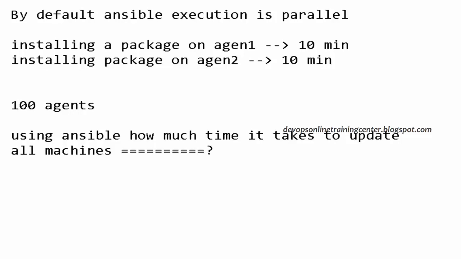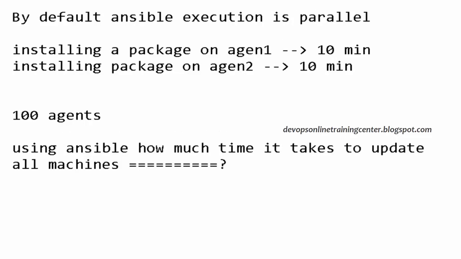So the task will be executed on all the 100 agents, and the total time it takes to complete the job is 10 minutes. That's a huge advantage Ansible has. Internally, Ansible uses Python modules that open parallel threads and connections, and they update the machines parallelly. That's why the execution is parallel in nature.